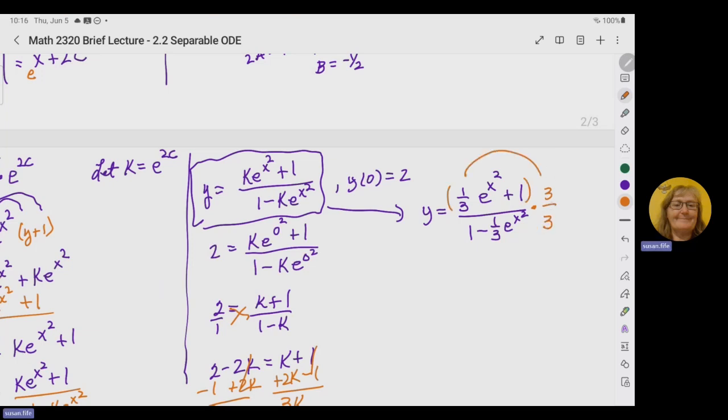And then that 3 will distribute to each term in the numerator and in the denominator to give me my final solution. 1/3 times 3 is 1, so that first term becomes just e to the x squared plus 1 times 3 is 3. In the denominator, 1 times 3 is 3, and for the second term, 1/3 times 3 is 1.